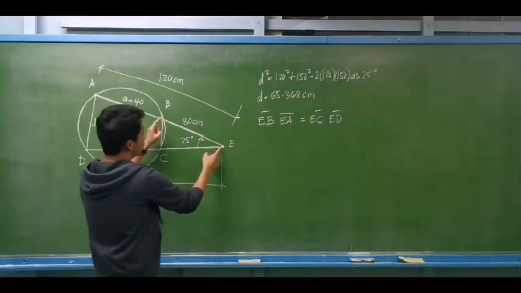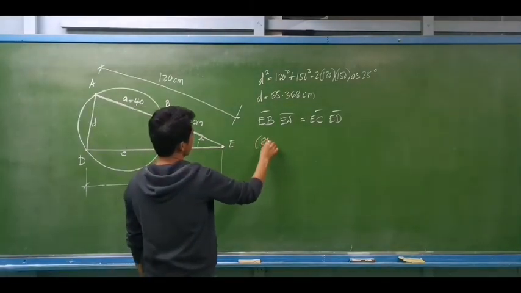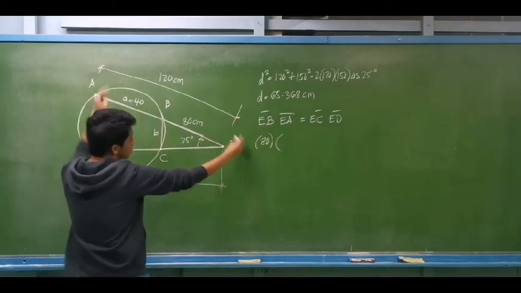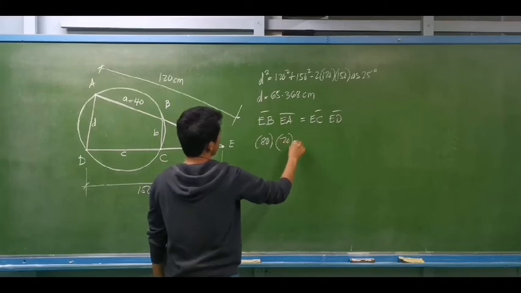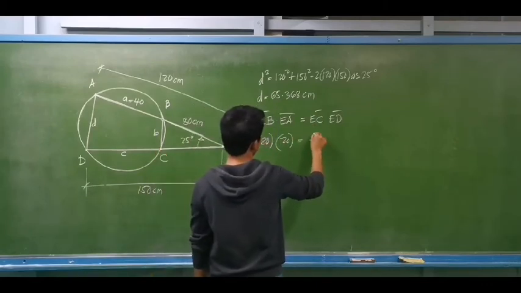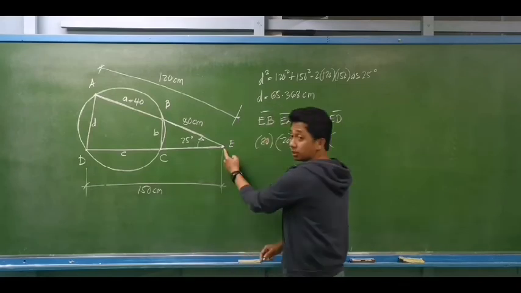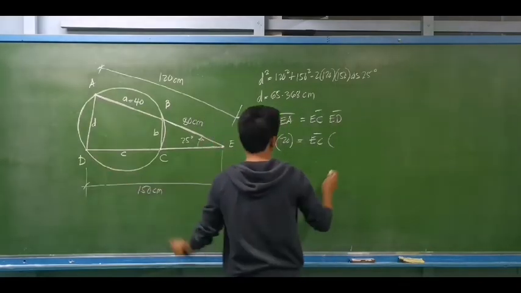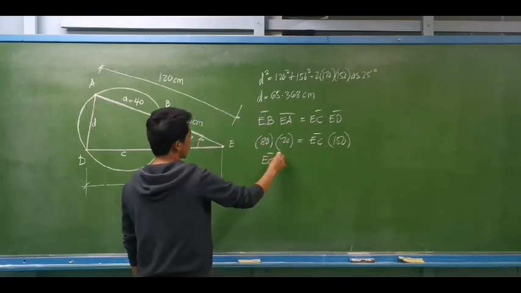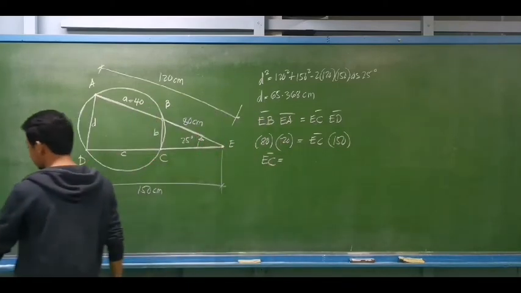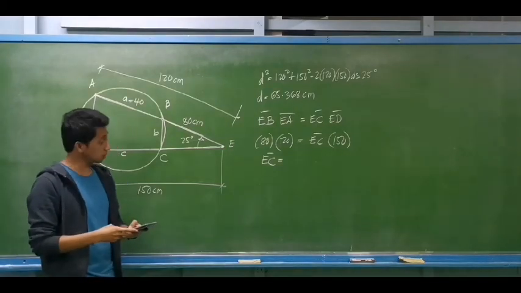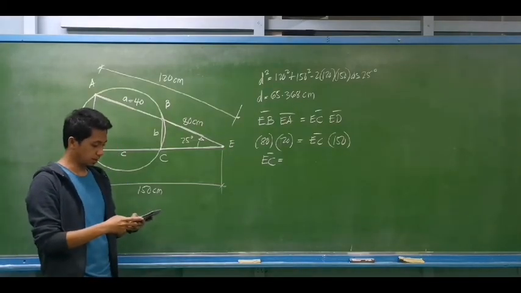Ano yung distance E to B natin? This is 80. Ano yung distance from point E to point A? That is 120. Is equal to distance E to C. Wala yan, yun yung hinahanap natin. Distance from point E to point D given na 150. So makuha natin yung distance E to C dito. That is the same as 80 times 120 divided by 150.